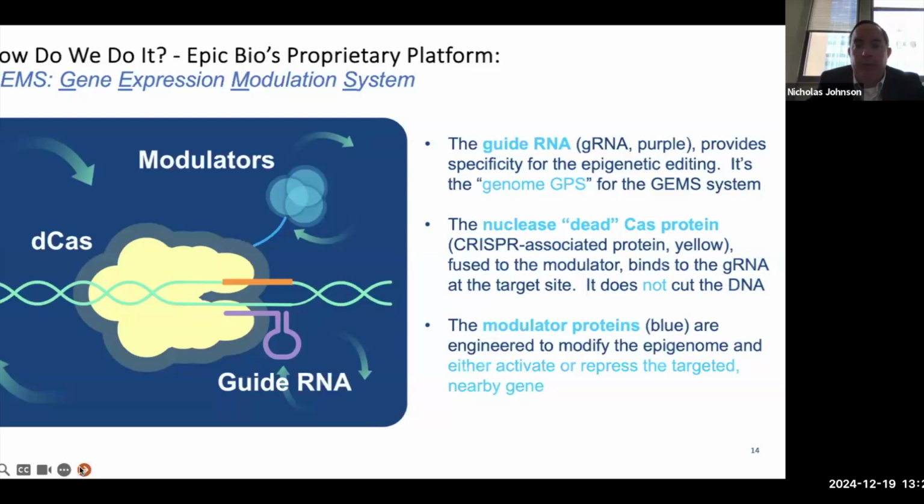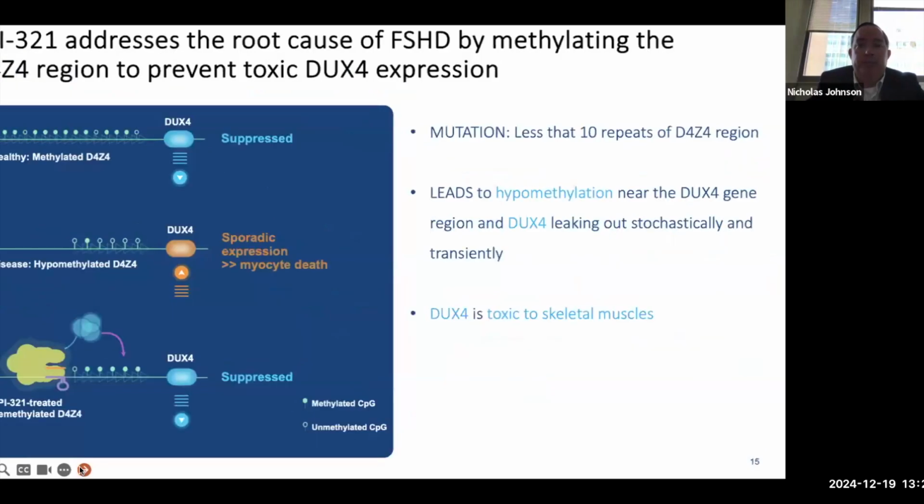Like I said, the problem is that that region gets unwound, like a ball of yarn. And when it gets unwound, this DUX4 is expressed and it's toxic. So it would probably make sense that if you could rewind the region, then you wouldn't express DUX4. So that's super cool.